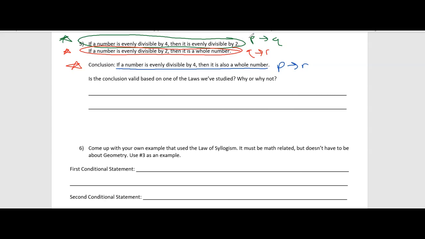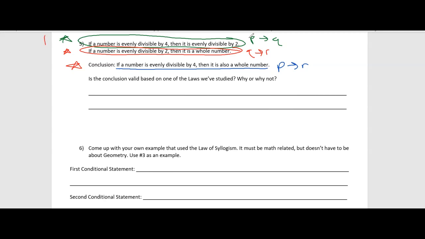So let's check the green. If a number is evenly divisible by 4, then it is evenly divisible by 2. This ends up being true. Okay, there's no number that is divisible by 4, but not divisible by 2. And you could test some examples to try to confirm our conjecture here. So the green is true.